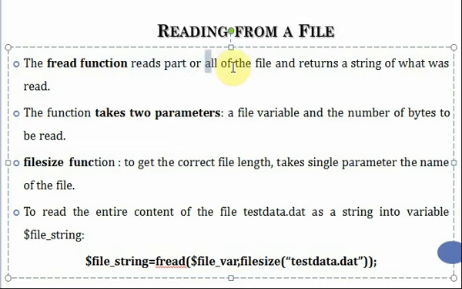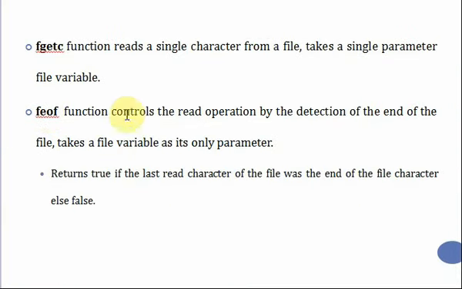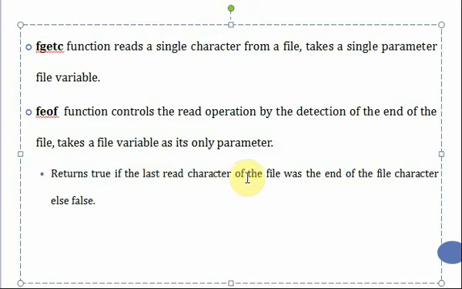When you say all of the file, how will you know you have reached the end of the file? By this feof. It returns true if the last read character of the file was the end of file character, or else it returns false. So if the character you have read is the last character in that file, feof returns a true value, otherwise it is false. When it is false, it means you still have some more characters, and then you can read them.